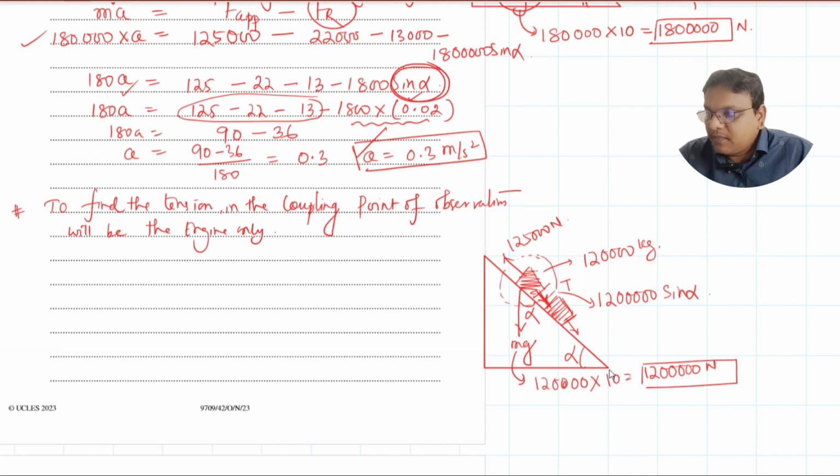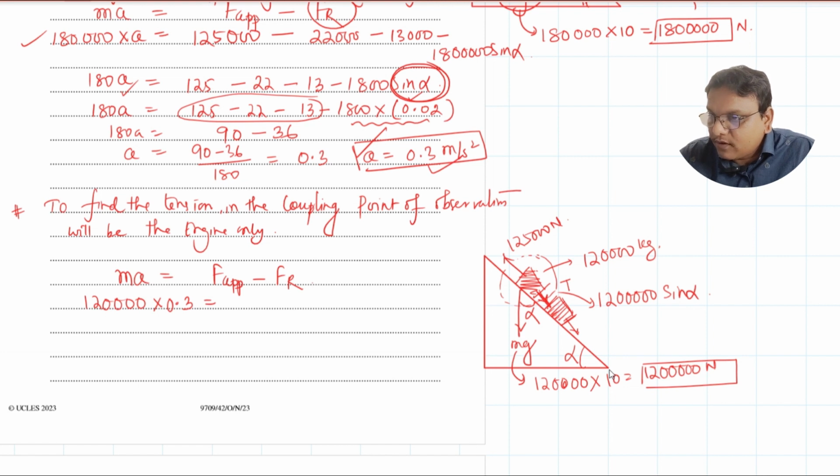Got it? So let me write down again. Net force, that is Ma, is equal to force applied minus force of resistance. Here the mass of the engine is 120,000. Acceleration we got as 0.3 here, right?